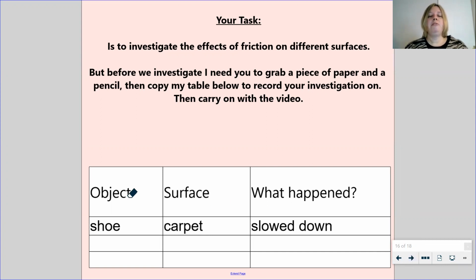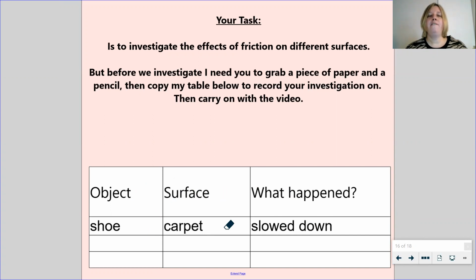On your table, you need 3 columns. 1, 2, 3. Then you need to draw some rows. In the first column, you need to write the heading Object. That is the object you will be testing. In the second column, you would be writing the heading Surface.